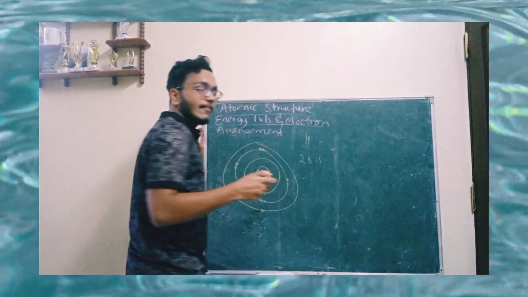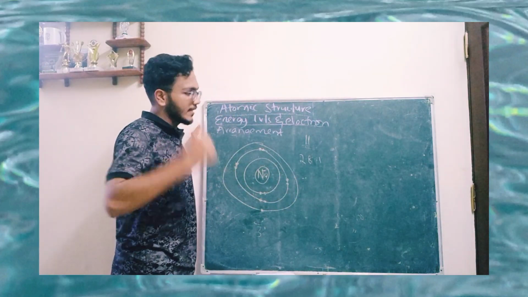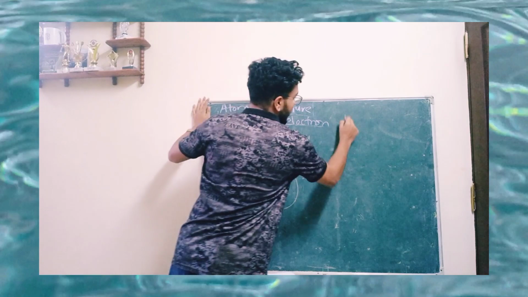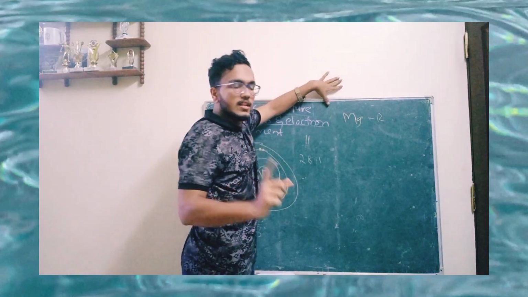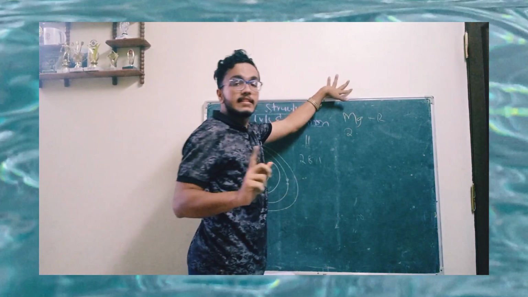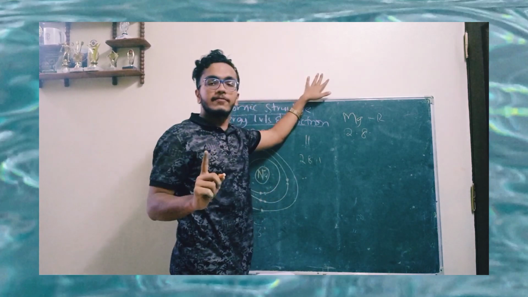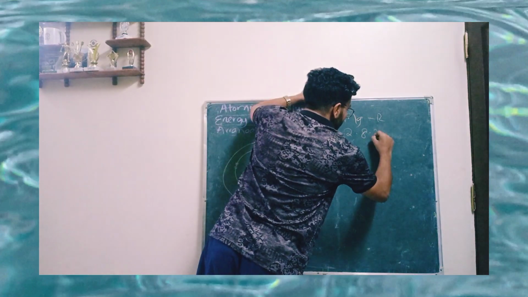So let's say I want to write the electron arrangement of magnesium. Mg is number 12. The first energy level has 2, that we know. The second energy level has a maximum of 8. How many are left? The third energy level has only 2.